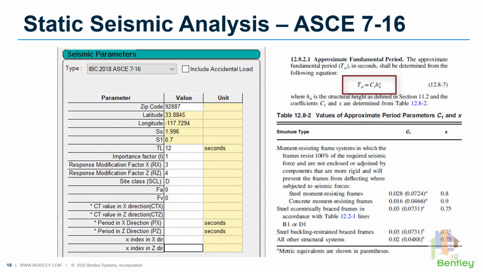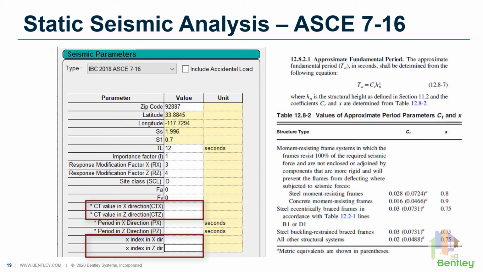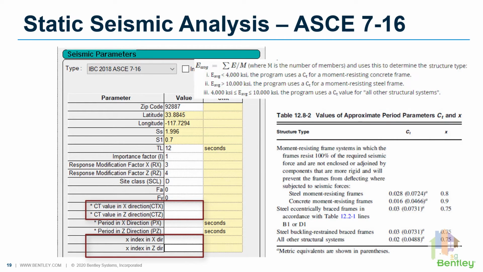You can manually provide these as inputs in these fields, both for X and Z direction. If you leave these inputs blank, then the program computes the average value of the modulus of elasticity of the model, from which the CT and X values are calculated. So either you can provide the value or leave it blank and the program calculates it automatically.